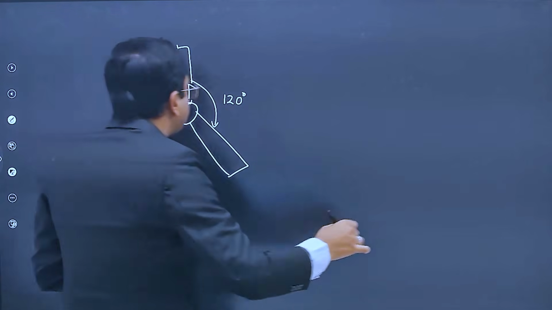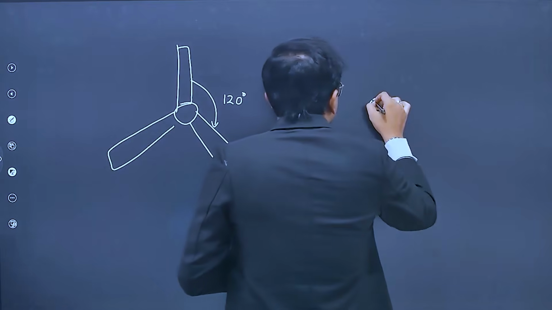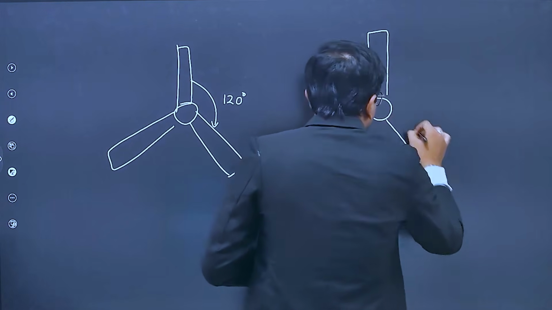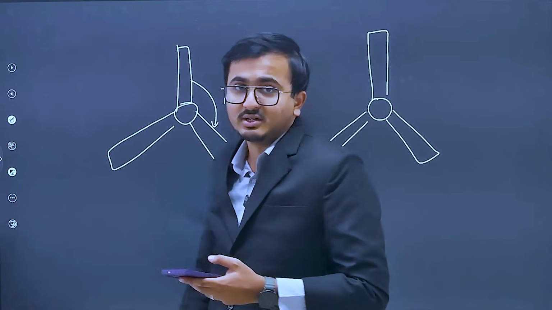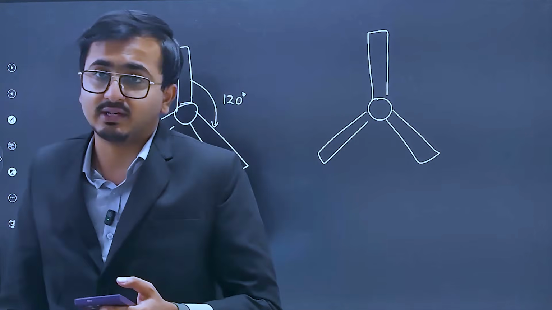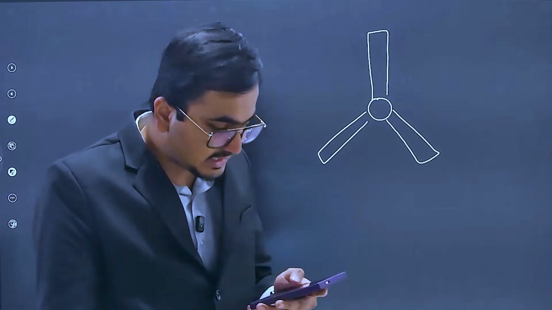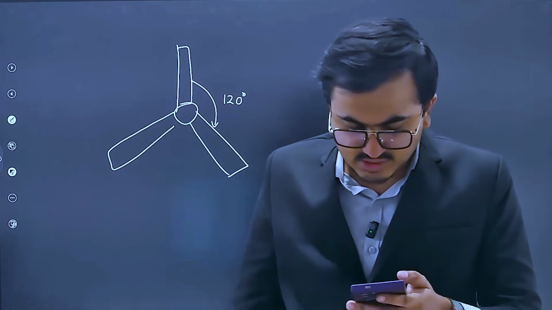Still the image of the object doesn't change. That's how rotation symmetry works, that is, even after rotating, the image doesn't change.